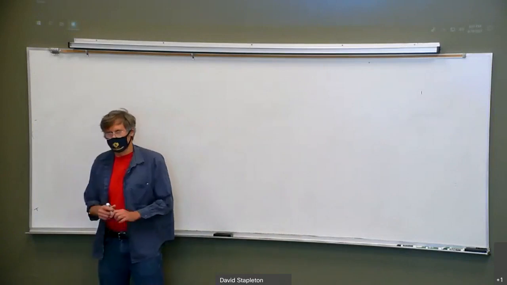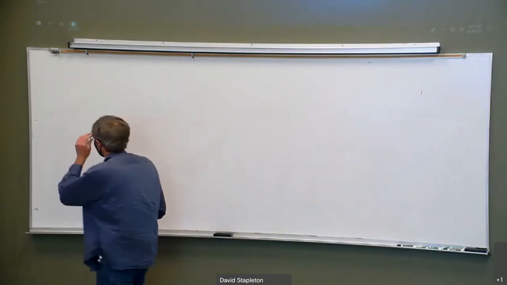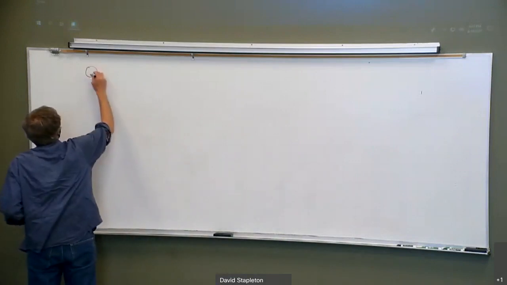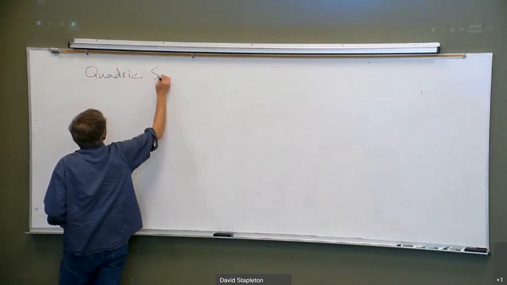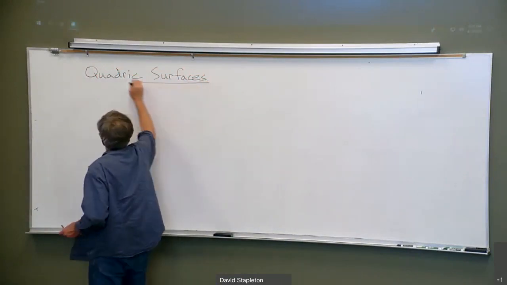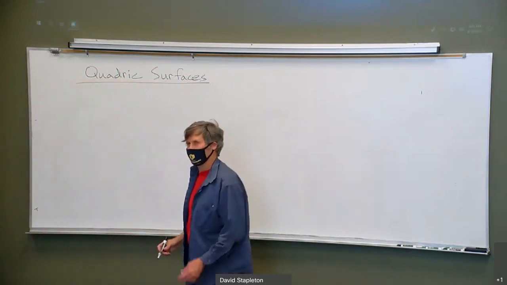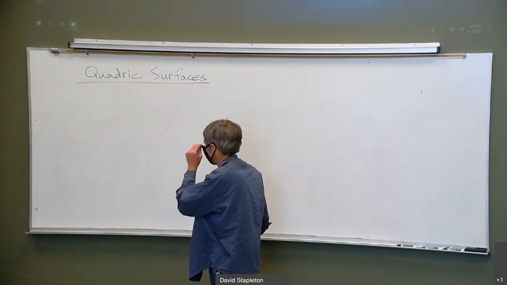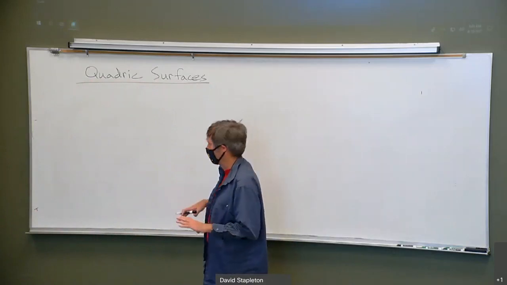We're getting near the end here, getting to some real fun surfaces tonight called quadric surfaces. These are highly related to the conic sections that we saw before. They're going to help us to understand these. Conic sections were plane curves, right? Curves in the plane.